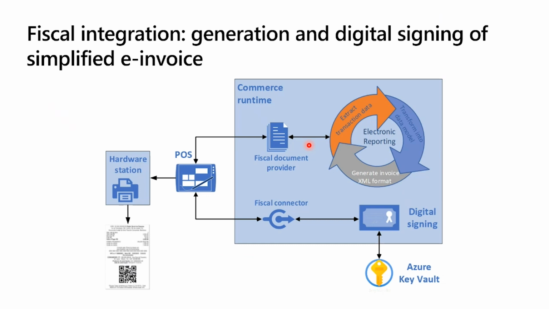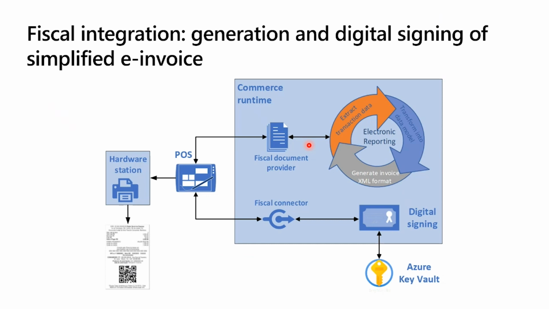The first part is a fiscal document provider, which is an extension that basically is responsible for extracting the retail sales transaction data from the channel database and transforming this data into the form of a fiscal document, which is in most cases some text document that contains the retail transaction data that needs to be registered, right?